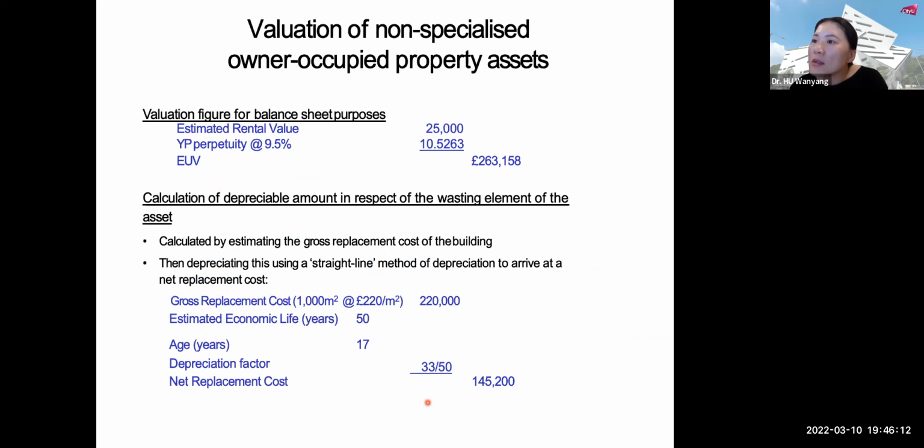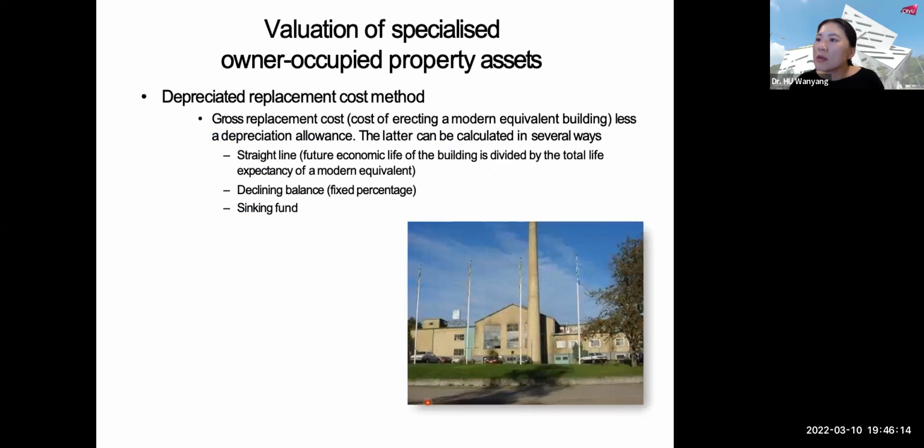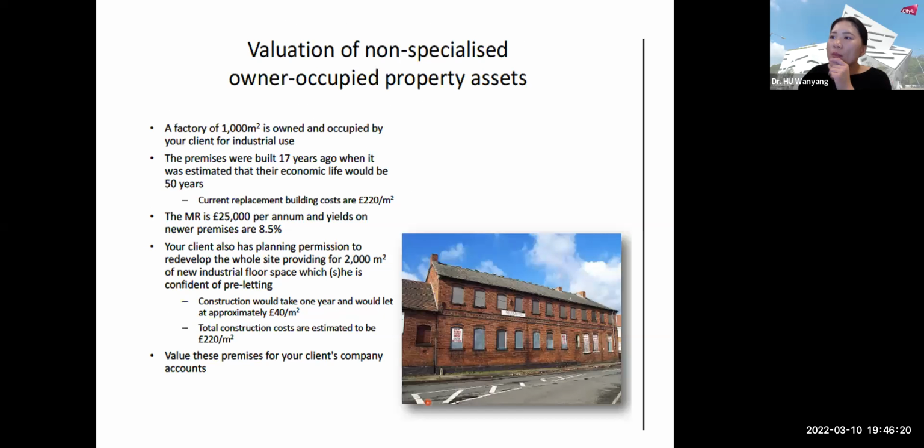Well, this is the example of the valuation of non-specialized owner occupied property assets.